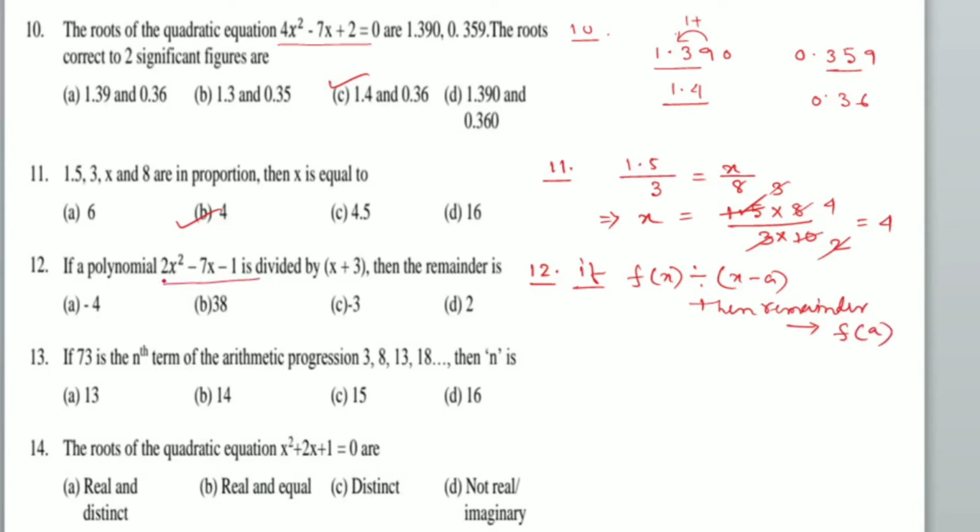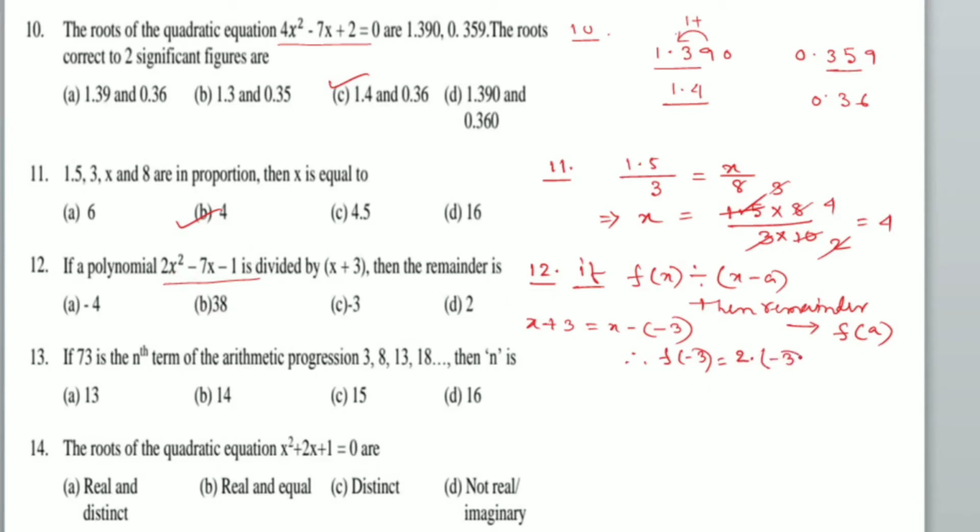Here the polynomial is 2x square minus 7x minus 1, and it is divided by x plus 3. So we can put x plus 3 in the form x minus a. We can write x plus 3 as x minus of minus 3. Here the remainder will be f of minus 3. We just put the value of minus 3 in the place of x.